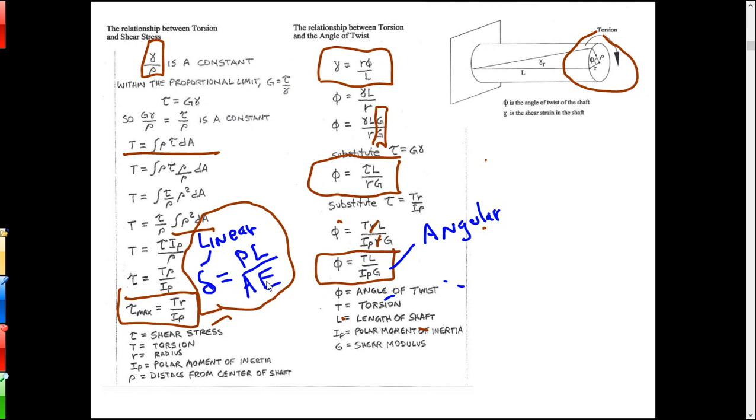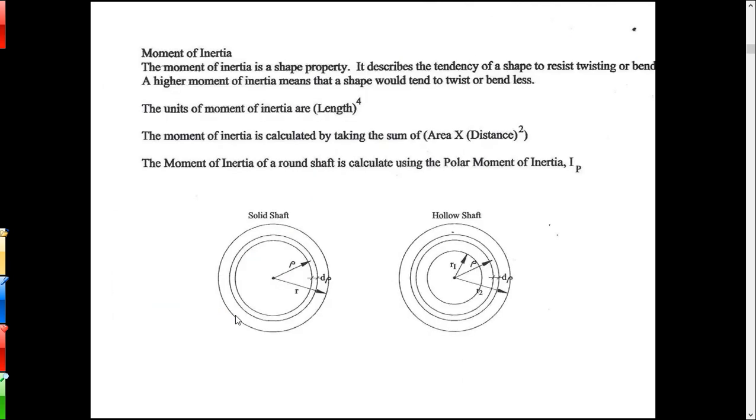And then I've got the modulus of elasticity E versus the shear modulus G. So these are analogous relationships. Phi is T L over I G for angular relationships, torsion, and delta is P L over A E for linear relationships, axial loads. Okay. So with torsion, we're going to work with the tau max formula and the phi formula.